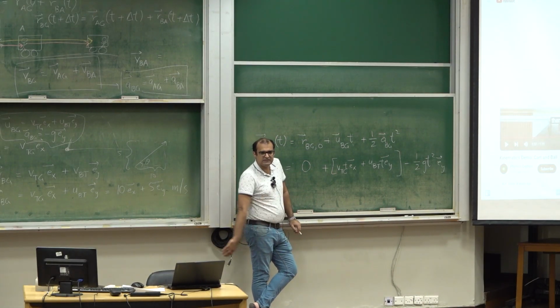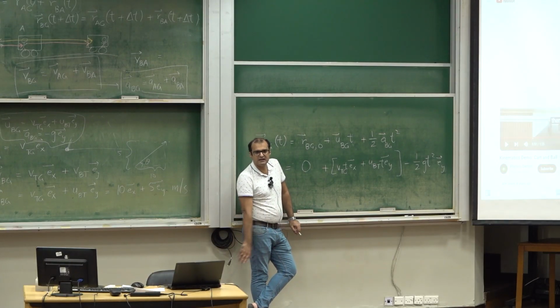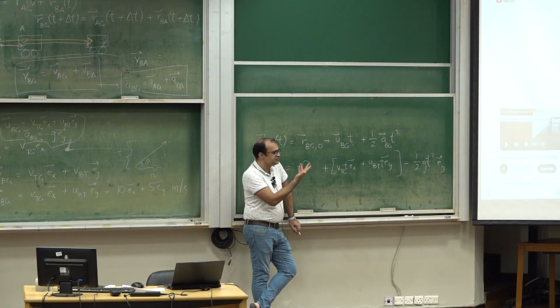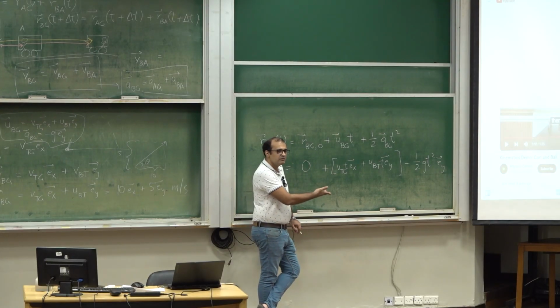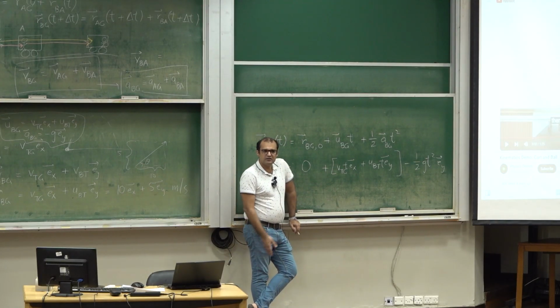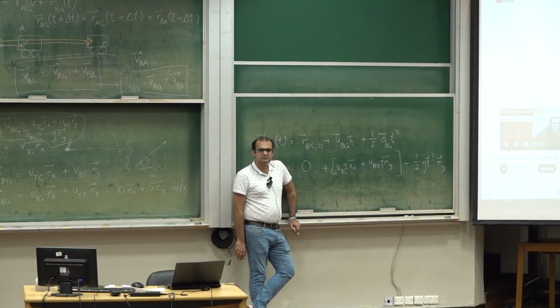This is exactly the same position vector that you found for a parabola near flat ground, on flat ground, except उधर u cos theta को अगर आप v_TG बना दो और u sin theta को आप u_BT बना दो, you get exactly the same thing.